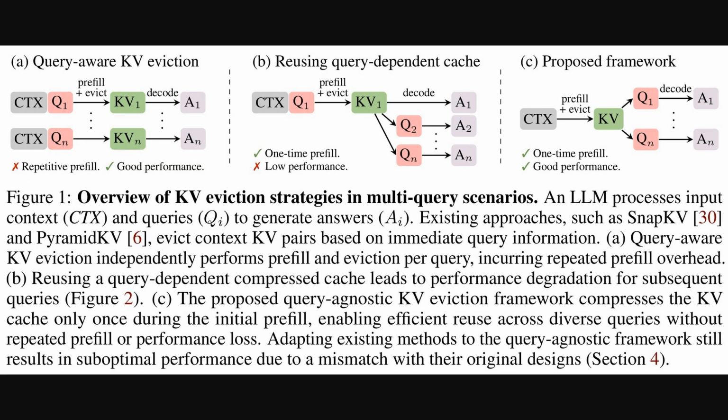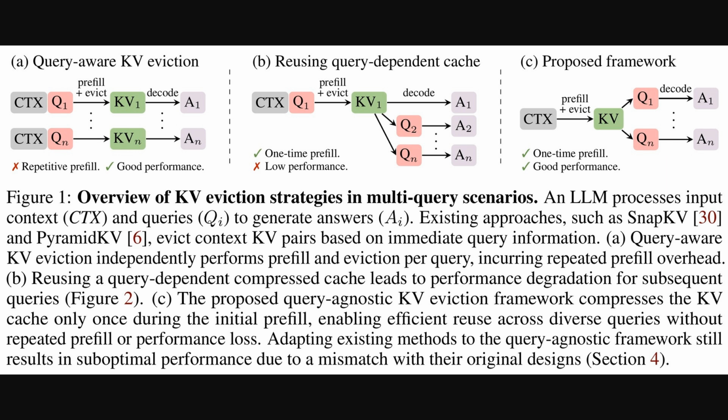Okay, so this first figure really clarifies the core problem KVzip solves. It compares different strategies for what's called key value eviction, which is basically deciding what information to keep in the model's memory. With older methods, like query-aware eviction, the model has to reprocess the entire document for every single new question. This involves a slow step called the prefill, and repeating it is very inefficient.